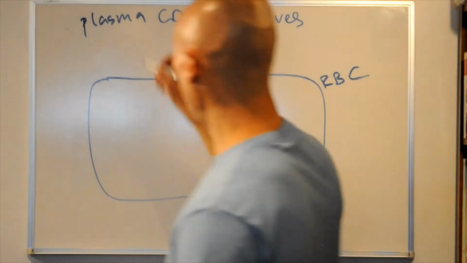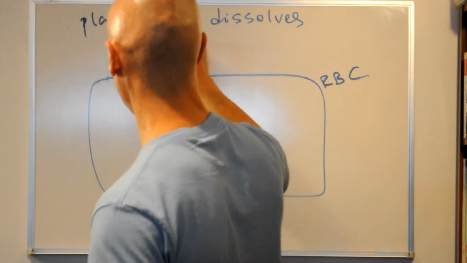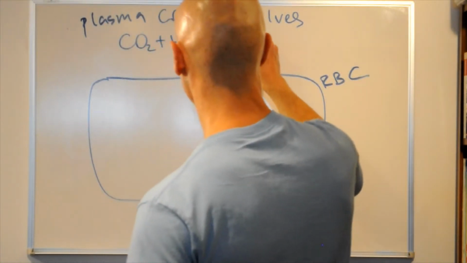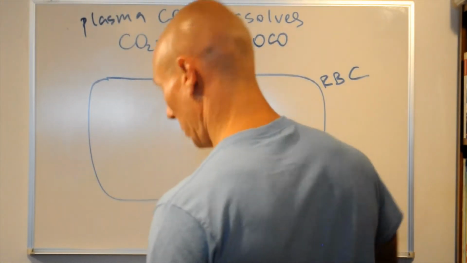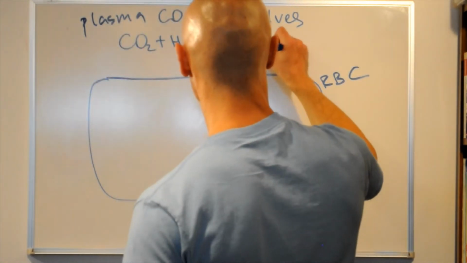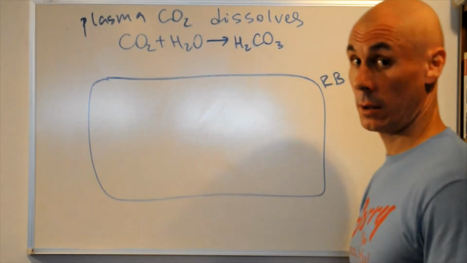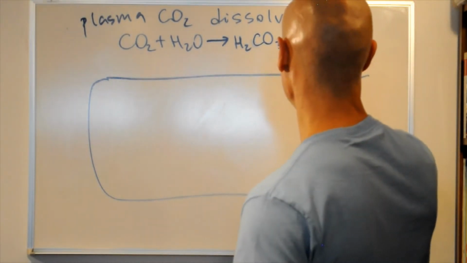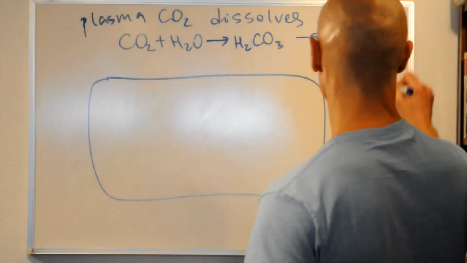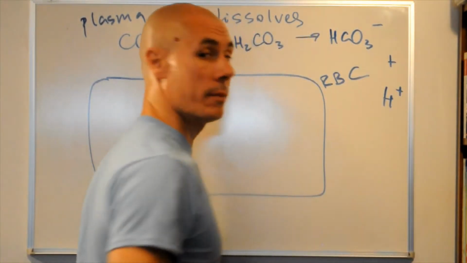When it dissolves in plasma, it reacts with water, forming carbonic acid. Carbonic acid, as you know, dissociates into bicarbonate and hydrogen.